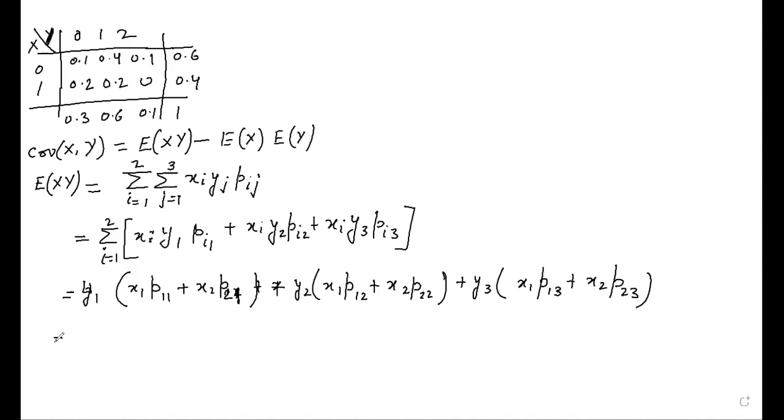Now putting in the values, y1 is 0, so this whole part is 0. Plus y2 is 1 into x1 is 0 into p12 plus x2 is 1, p22 is 0.2, plus y3 is 2, x1 is again 0 into p13 plus x2, that is 1, into p23, which is 0.